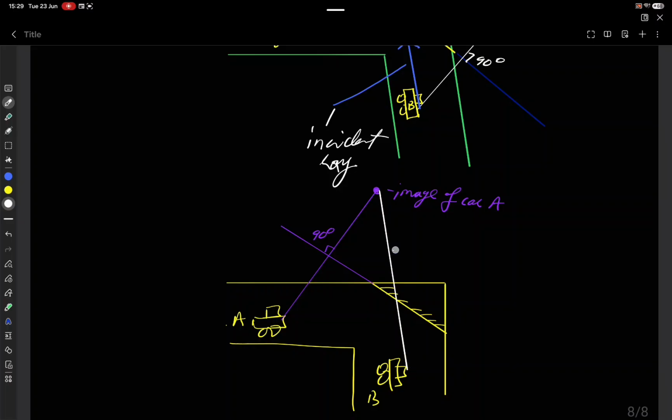This is my reflected ray from the image. Light rays appear to come from the image. This is my reflected ray, and this is my incident ray.